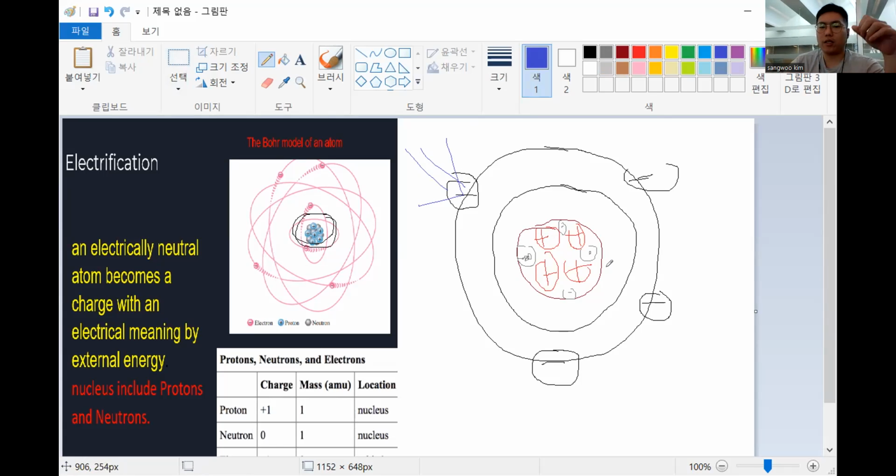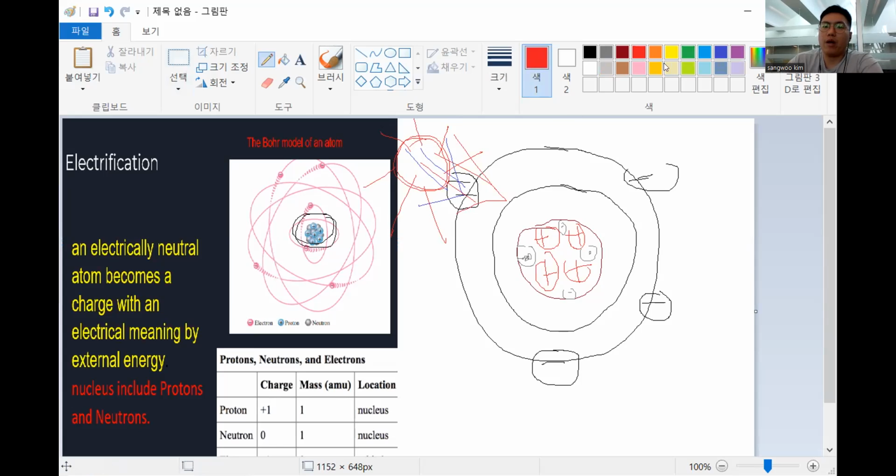What I mean is, now it doesn't have electrical power or energy, but because of external energy, it ends up having energy. For example, look at that. Here's the sun, and the sun affects these atoms.